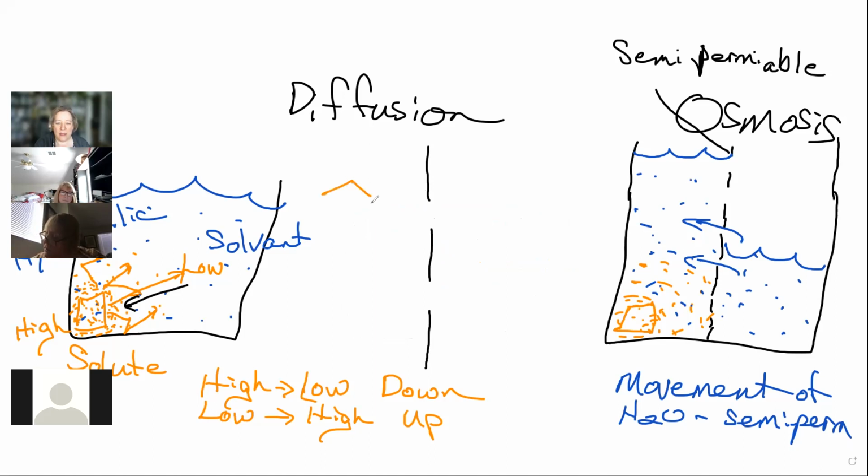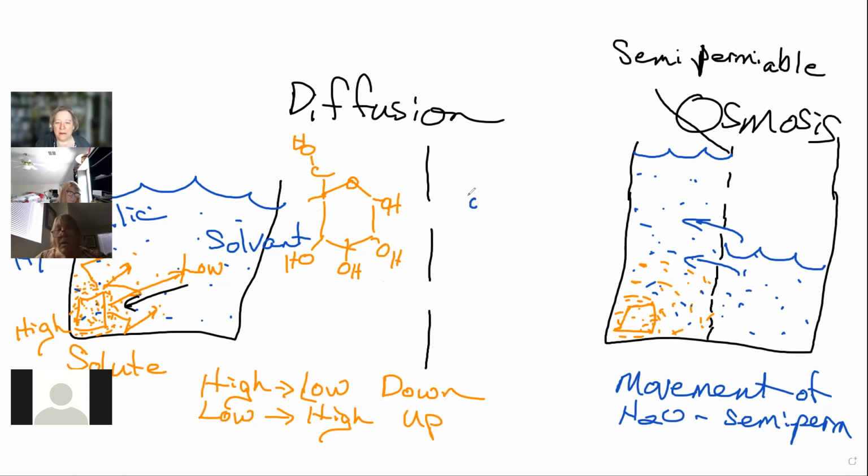I'm going to draw a sugar cartoon here, and some OHs, because sugars have a bunch of OHs. If I drop a sugar cube in, it is probably going to be sucrose, but I'm not going to draw a disaccharide. It's just too big to get through. It cannot squeeze through that opening.